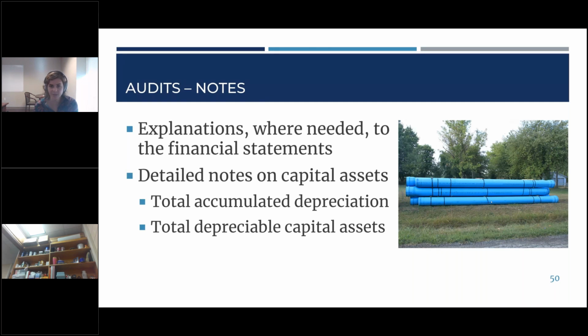So this is where you'll find the total depreciable capital assets for the utility, as well as the total accumulated depreciation. So how much of those capital assets have already depreciated. So again, can be long, can be short, but there's still important information that can be found in these notes.